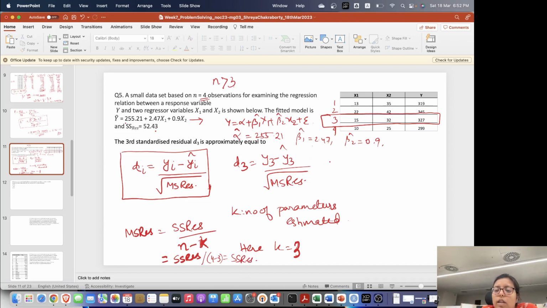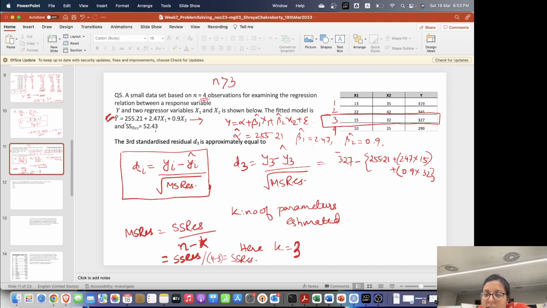Okay. So then we would have this as y3 is 327 minus the predicted value of y3. How will we get this predicted value? Using this regression equation. So then what we would write, this would be 255.21 plus 2.47 into x1 was 15 plus 0.9 into x2 is 32.